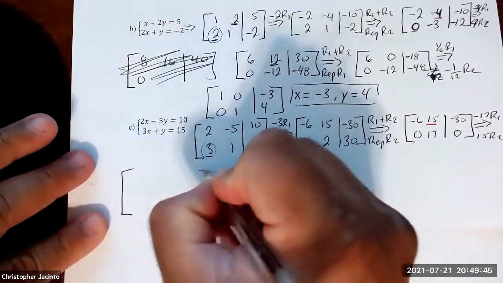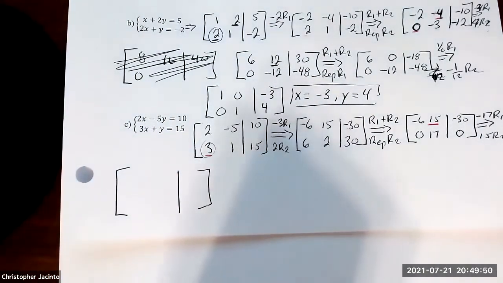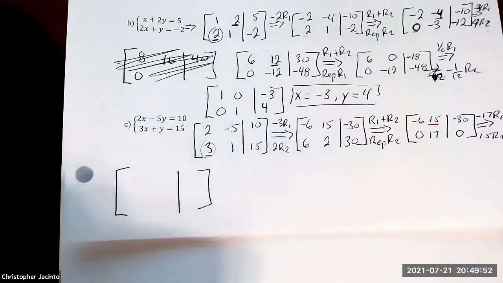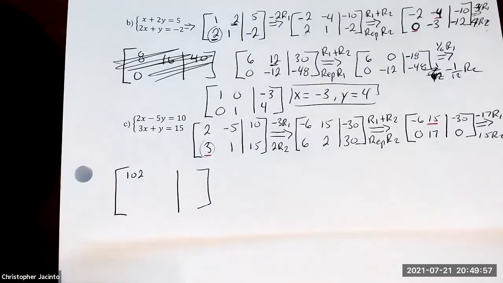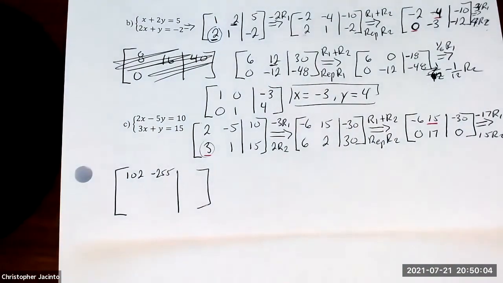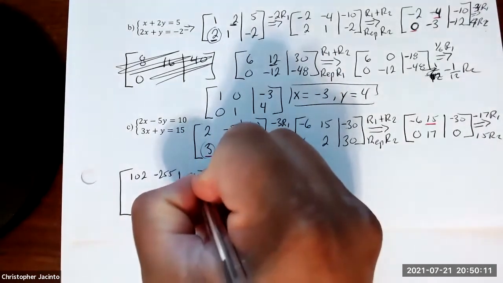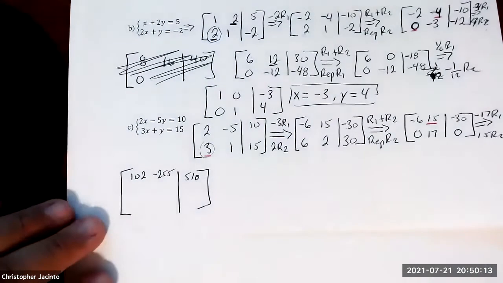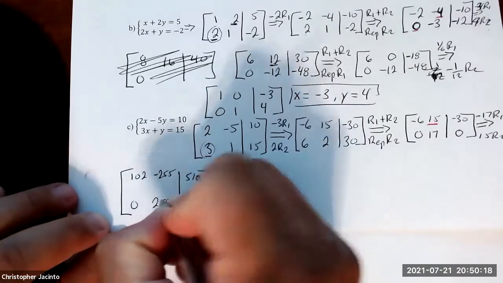See what we get. Get 102. Negative 255. And then 500. And in the bottom, we get 0, 255, and 0 again.